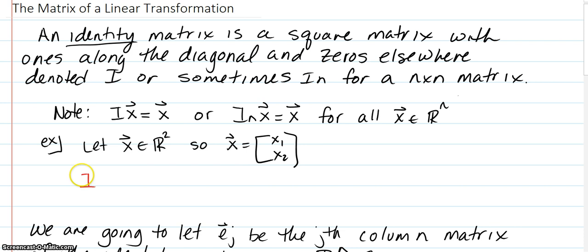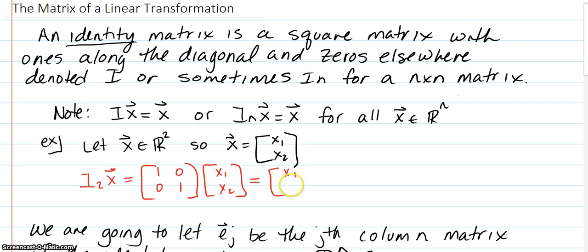So I2 x would be the matrix 1, 0, 0, 1 times x1, x2, which would indeed be just x1, x2. If you take the first row times this column, you get x1, and the second row times this column, you get x2. So you can see that that does work.